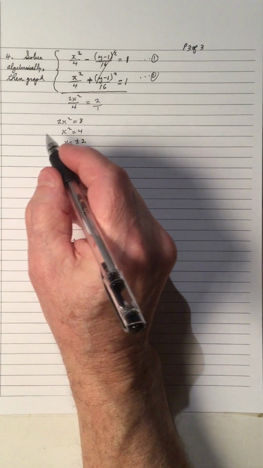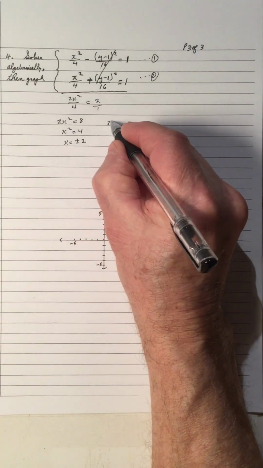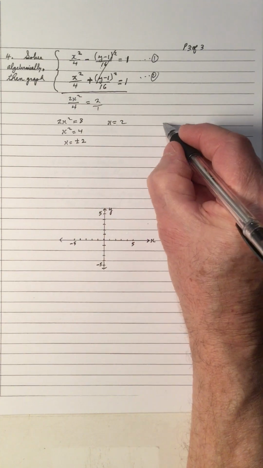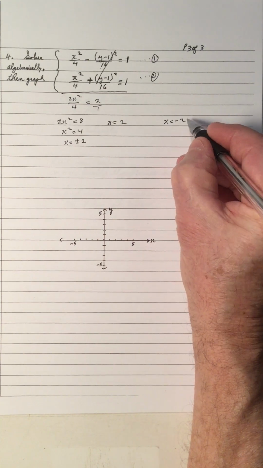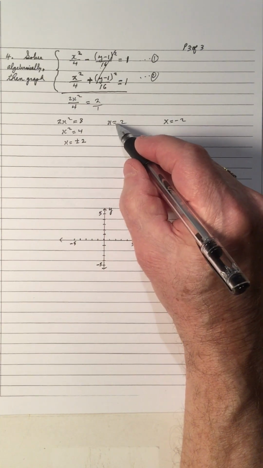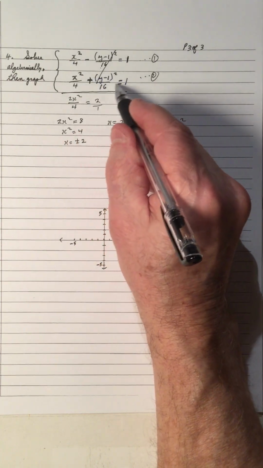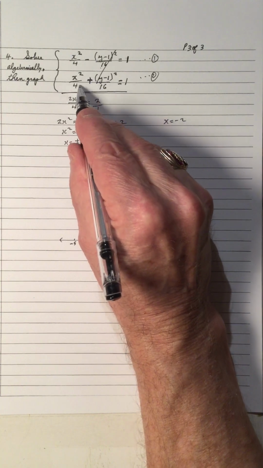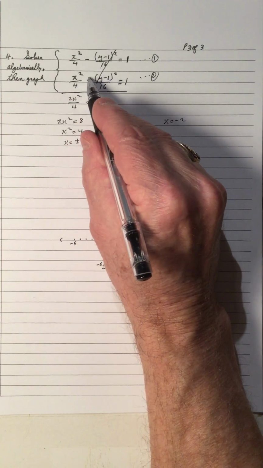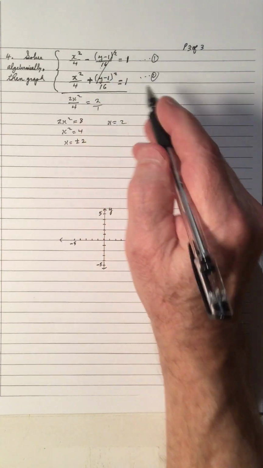So we have x equals 2, and we also have x equals negative 2. So let's sub x equals 2 into one of these two equations. Let's sub it into number 2, because that's an ellipse. I'd rather deal with the plus than the minus.